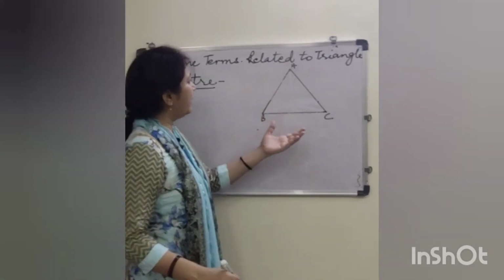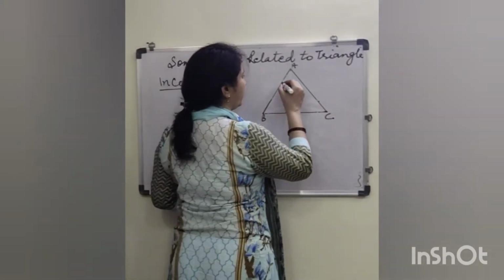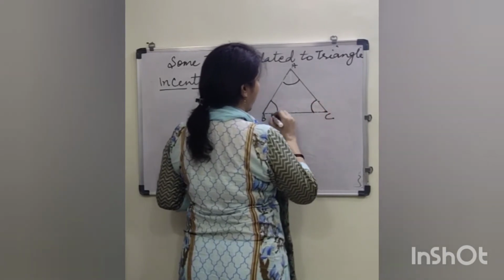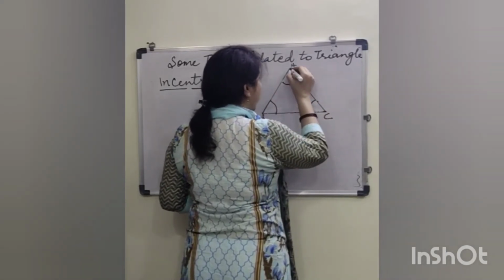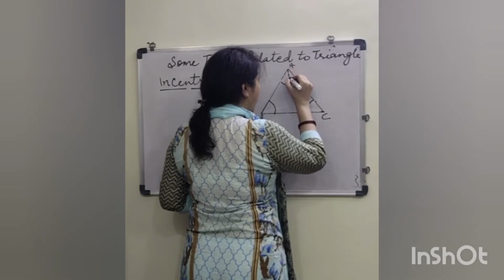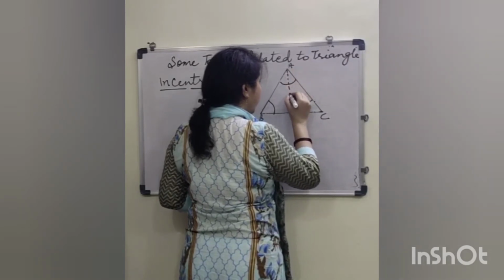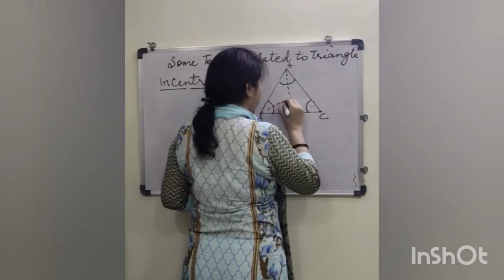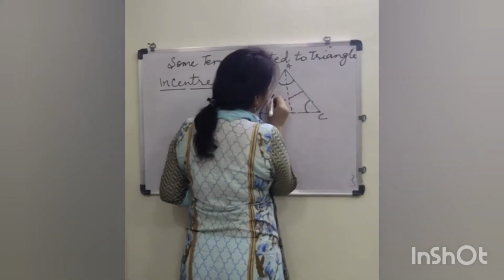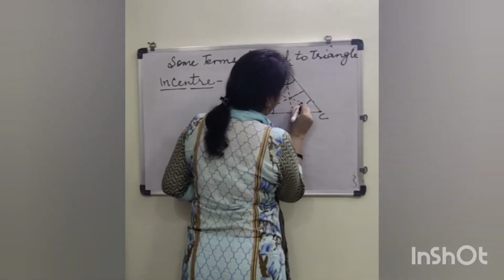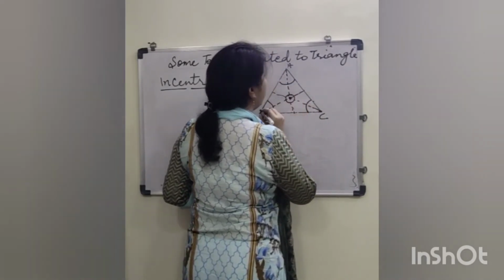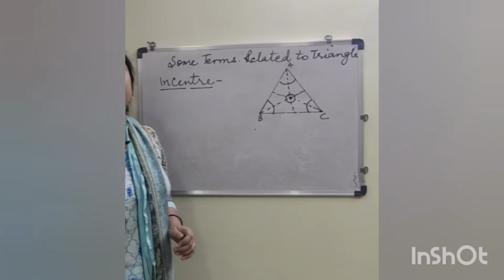Here is a triangle ABC. It has three angles, angle A, angle B and angle C. You draw the bisectors of angle A, B and C using a pair of compasses. You will find a point where all these three intersect.